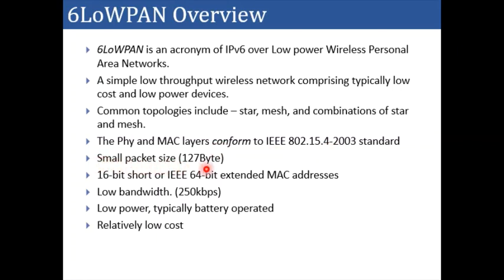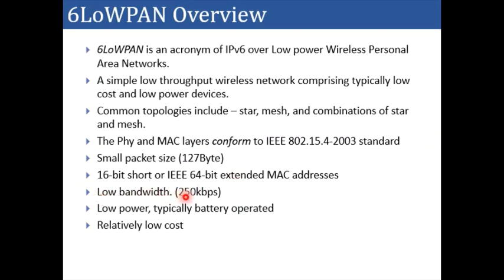The packet size is relatively small, that is 127 bytes, because the IEEE 802.15.4 layer cannot handle large packet sizes. Here 16-bit short or IEEE 64-bit extended MAC addresses are utilized for the device identification.